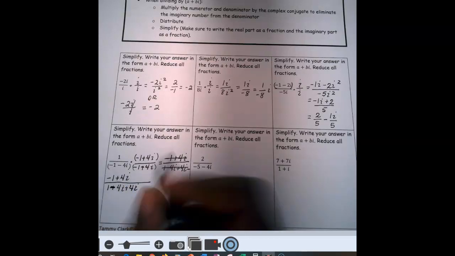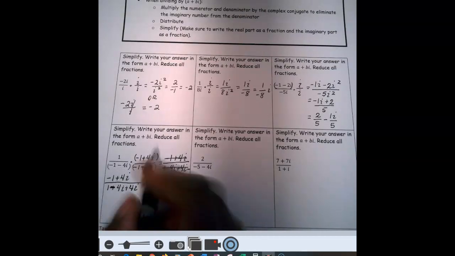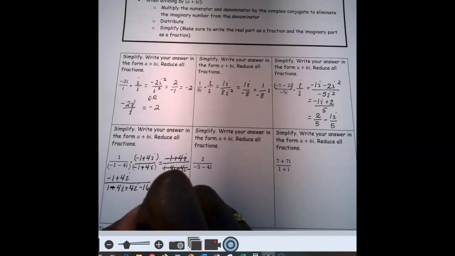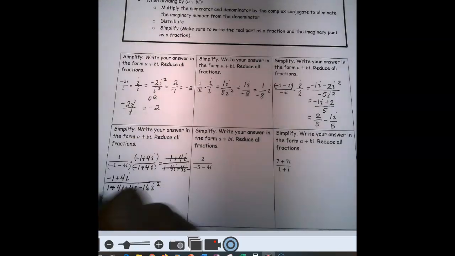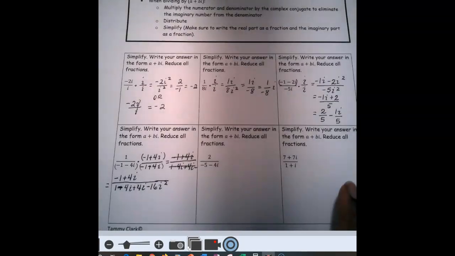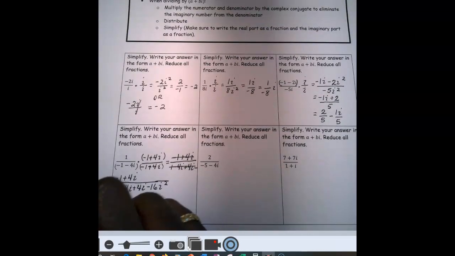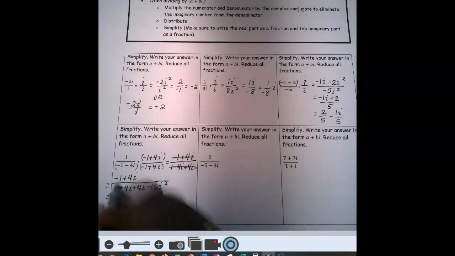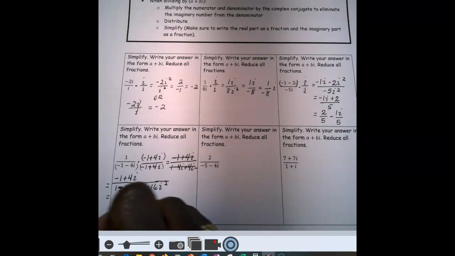There we go. I knew I'd get it together. -4 times +4 is -16, and i times i is i squared. I think that's much better. So let's go ahead and simplify this. What you notice is -4i and +4i, they eliminate each other. So I'm just going to mark through them. As so.